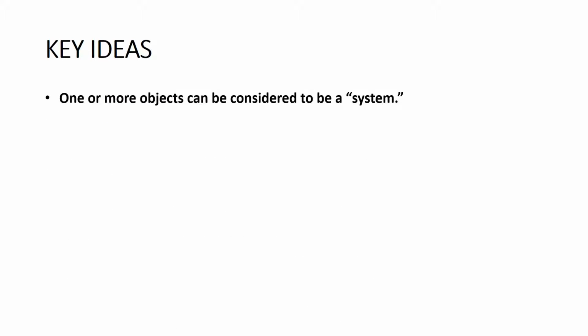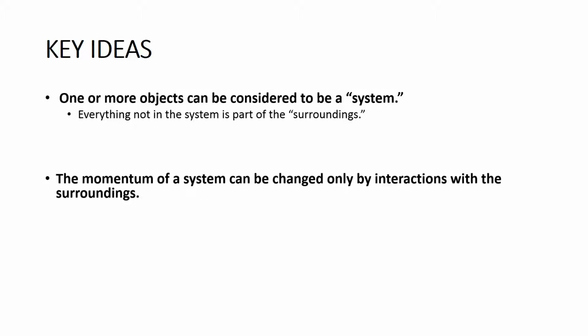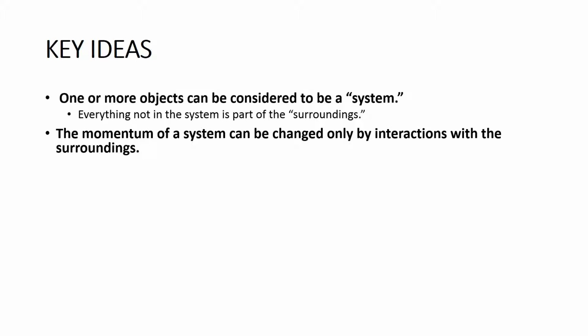Some key ideas that are going to be introduced in this chapter, the first of which is the idea of a system. And we can consider a system to be one or more objects. Everything that is not part of the system is part of the surroundings. So, the momentum of the system can only be changed by an interaction with the surroundings.